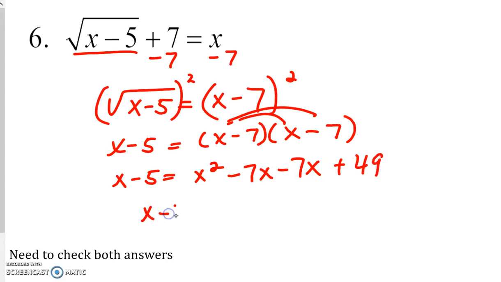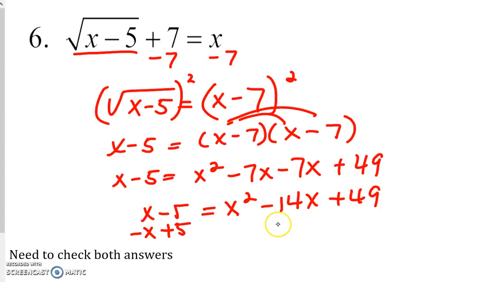So now I get x minus 5, I get x squared minus 14x plus 49. Since I have an x squared and x in the problem, it's going to be a quadratic. So at this point, I'm going to subtract 5 and add 5, subtract x and add 5.